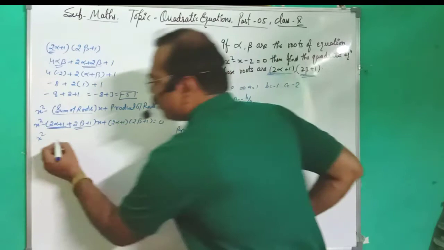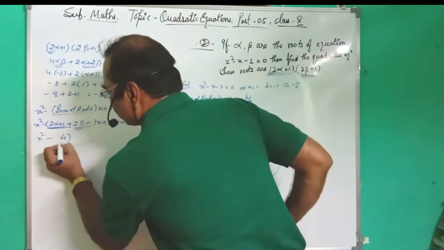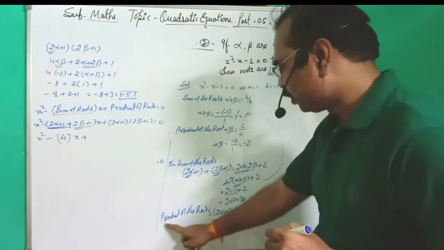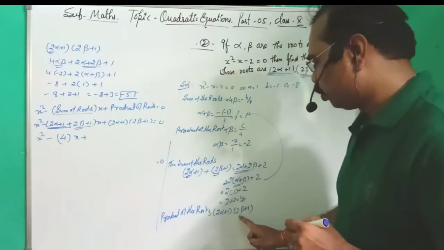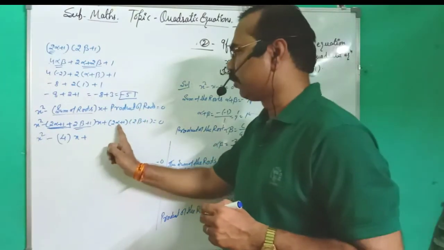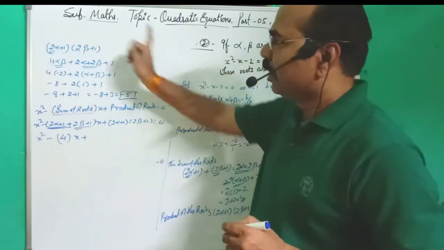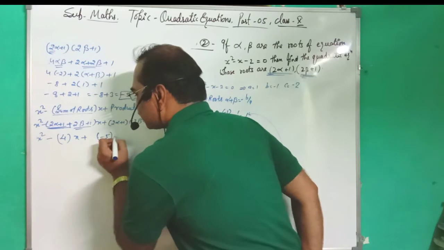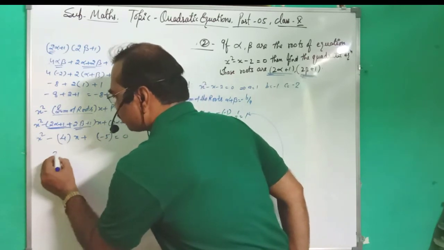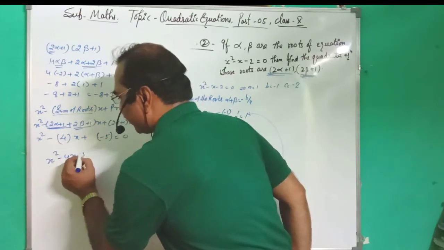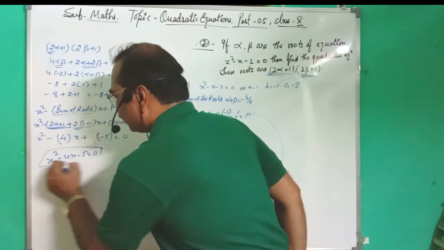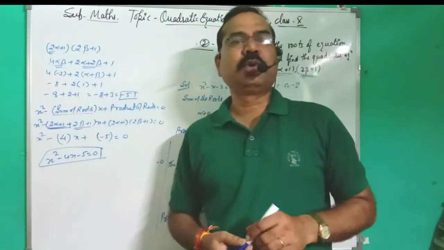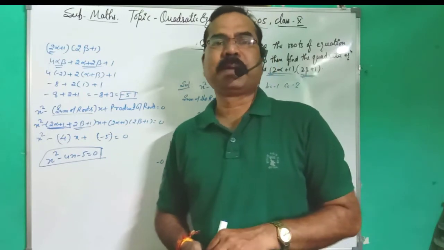So we write -4x, and the product of the roots, 2 alpha plus 1 and 2 beta plus 1, we found the value is -5, equal to 0. So x square minus 4x minus 5 is equal to 0. That is your required equation whose roots are 2 alpha plus 1 and 2 beta plus 1.